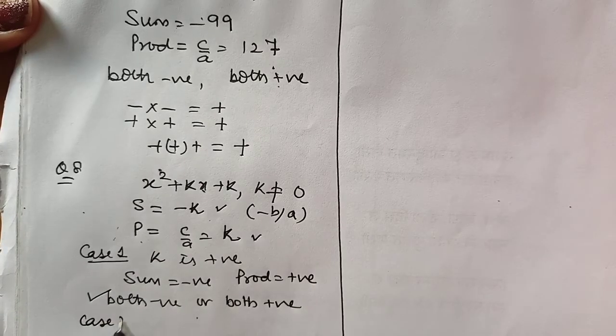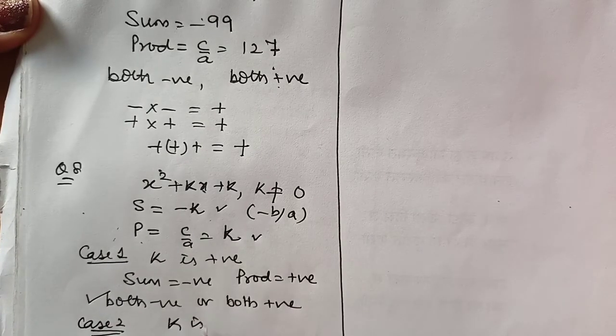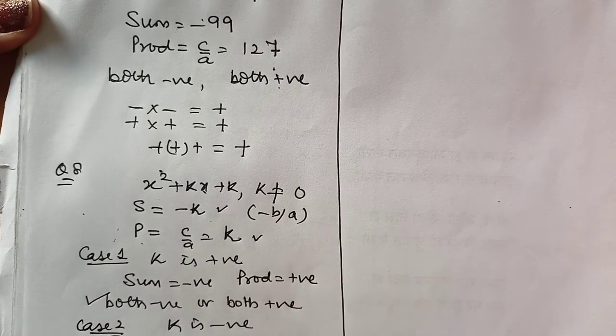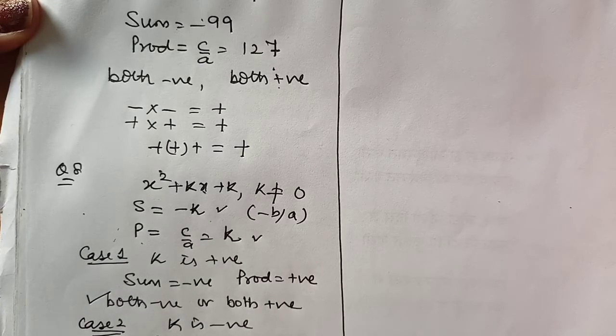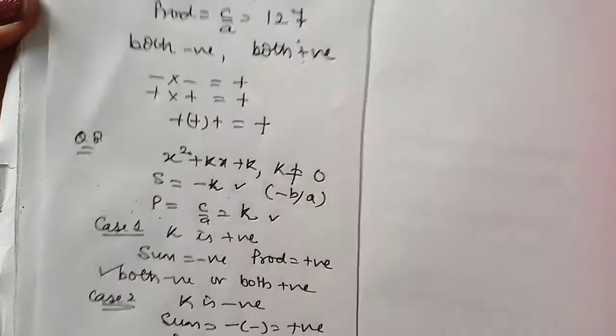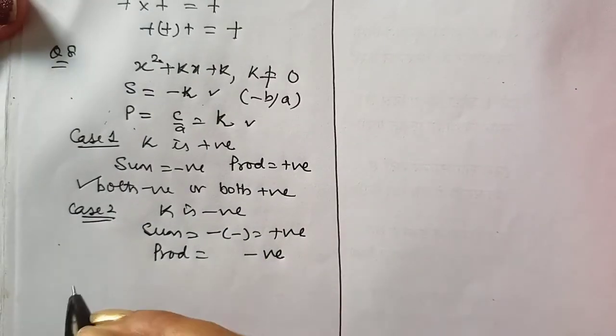Case 2. If k is negative. Now my sum becomes minus k, means negative of negative. My sum becomes positive and my product is k, which is negative. So my product becomes negative. Now if the product is negative, what does it mean?